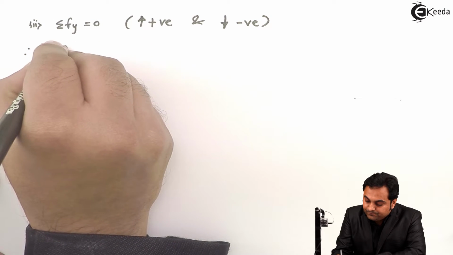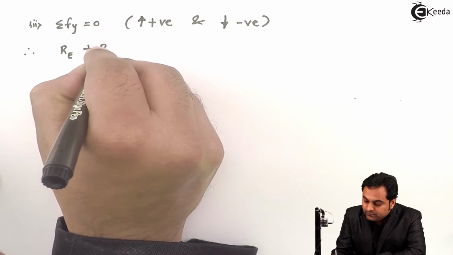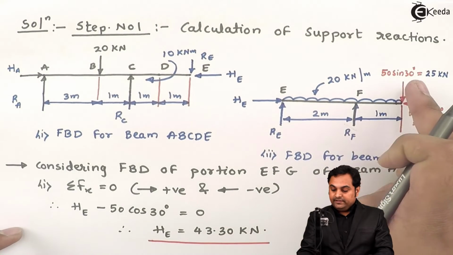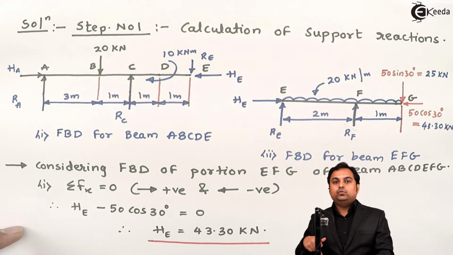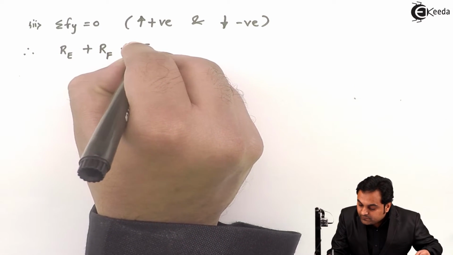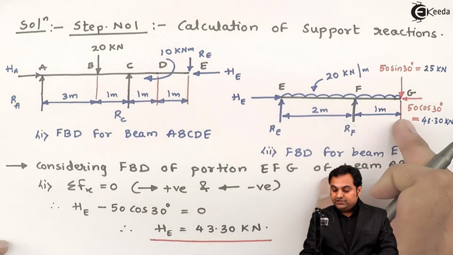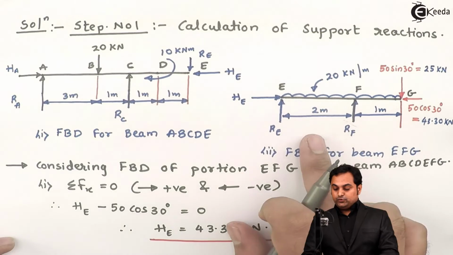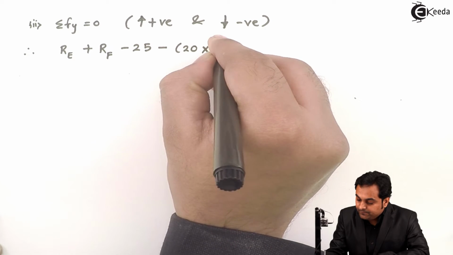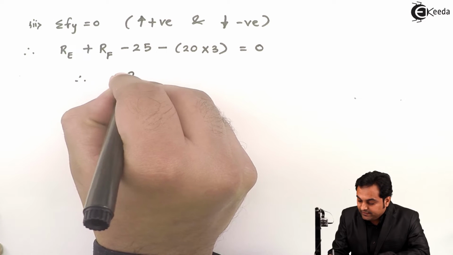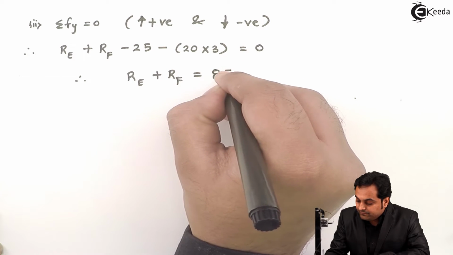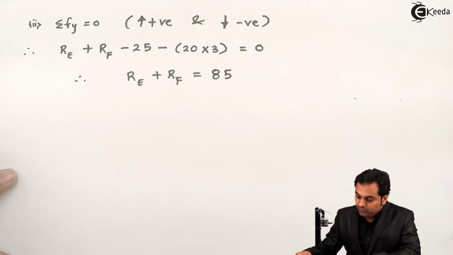So we have RE plus RF, the reactions at points E and F, then minus 50 sine 30 because it is acting downward, and 50 sine 30 has a value of 25, so minus 25. There is also a UDL present from E to G, which will be converted into a point load, 20 into 3 meter, and that acts down, so minus 20 into 3 is equal to 0. From here I get RE plus RF is equal to 85, and that will be equation number 1 for us.